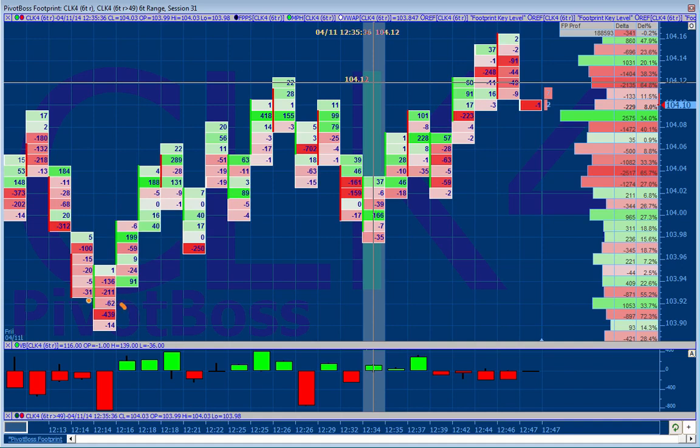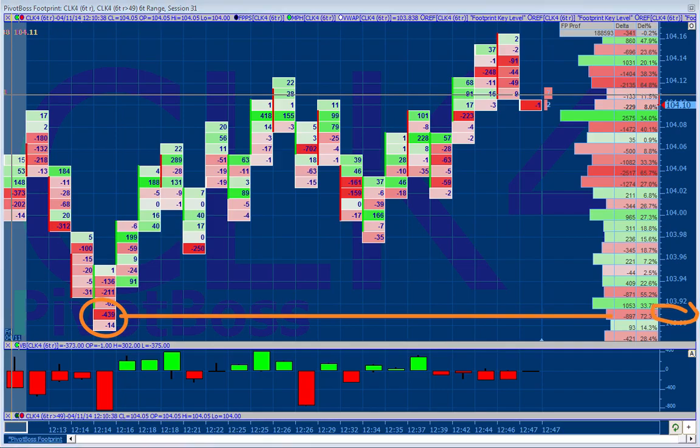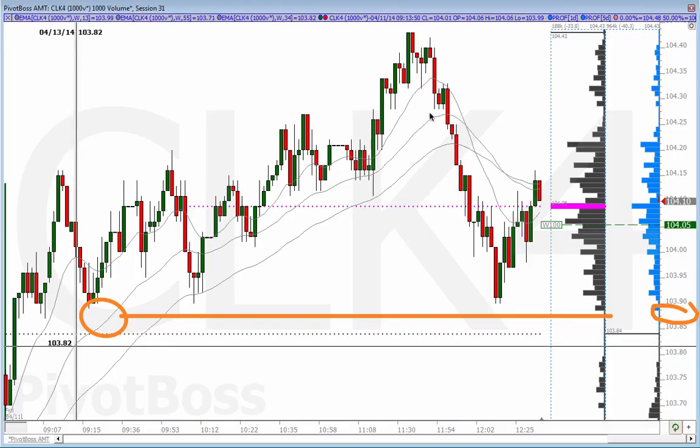Right here, look at the 439 contract sell imbalance that comes in on 91. Now, look at the actual chart. This is the actual chart, and there's the imbalance right there. Tell me how you see the imbalance on this chart. You cannot.